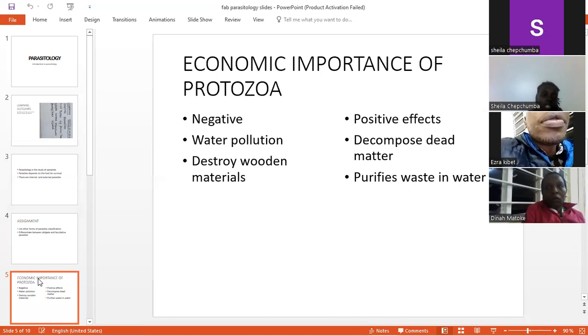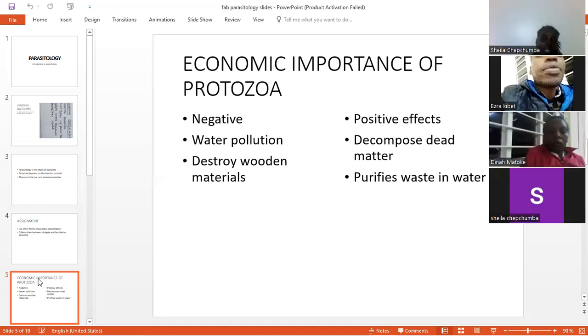When it comes to the negative, protozoa are known to cause water pollution, because when they live in that water, they reproduce there and transmit other forms of waste that later on cause diseases to man.